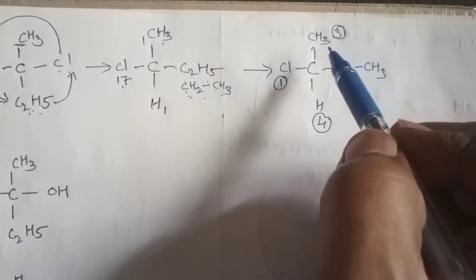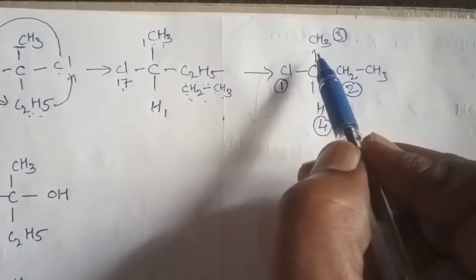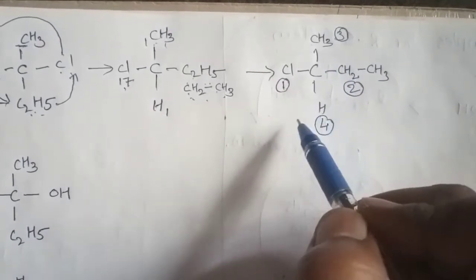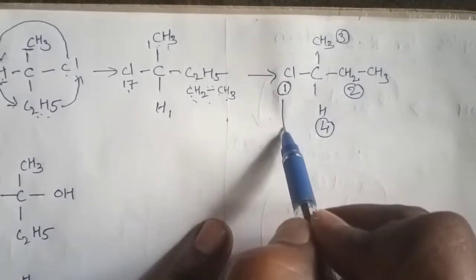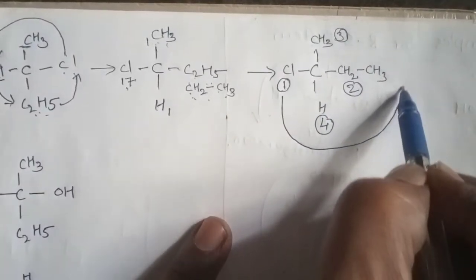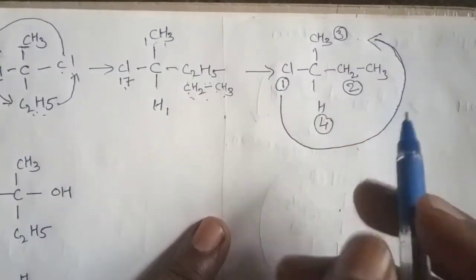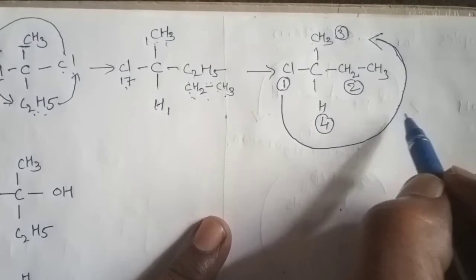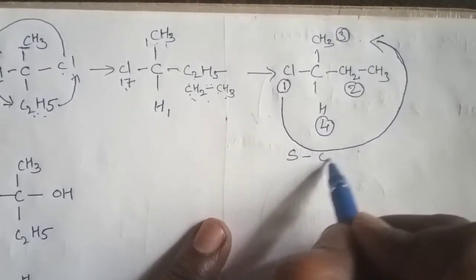So first priority, second priority, third priority. How are they rotating? First and second. The rotation is always in increasing order. You must see the increasing order. So the rotation is like this. This type of configuration is S configuration.